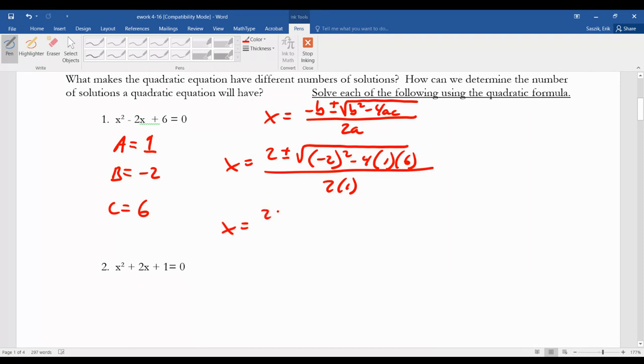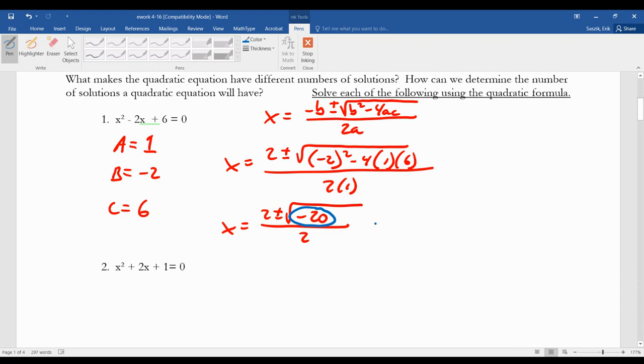And then if you type in on your calculator what this comes out to, -2 squared minus 4 times 1 times 6, that actually comes out to -20. And if you remember, we cannot take the square root of a negative number.